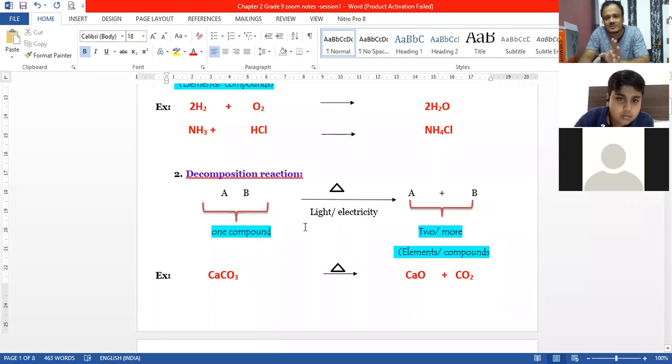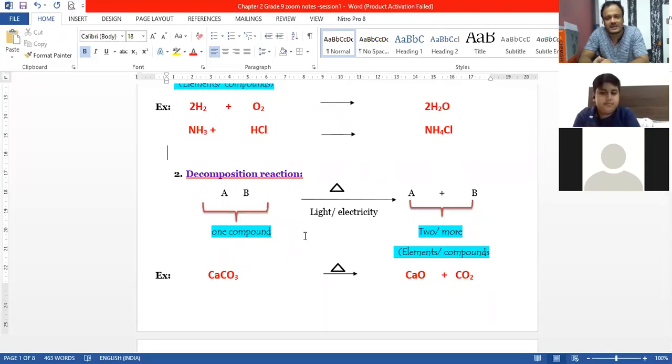This is the same with direct combination reaction: we can take two elements combining to form a compound, one element and a compound reacting to form another compound, or two compounds combining to give a different compound. The reverse order of that reaction would be the decomposition reaction.